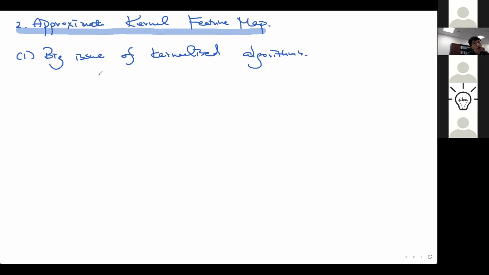The one big issue behind these kernelized algorithms is that they work by essentially remembering the examples in the training set. It solves some optimization problem, but the process of solving the optimization problem involves really touching all the examples many times.